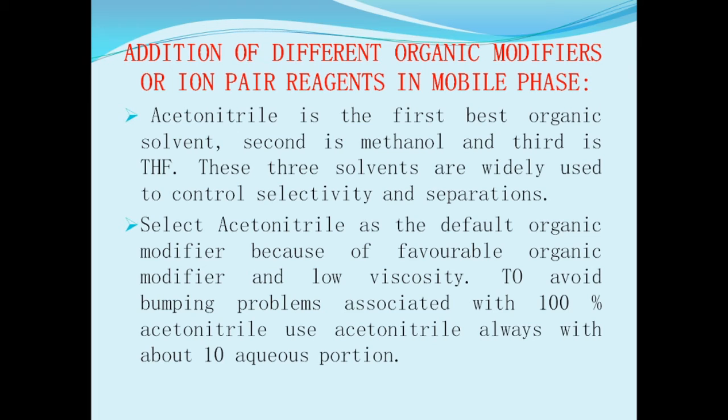Select acetonitrile as the default organic modifier because of its favorable properties as an organic modifier and low viscosity. To avoid bumping problems associated with 100% acetonitrile, use acetonitrile always with about 10% aqueous portion.